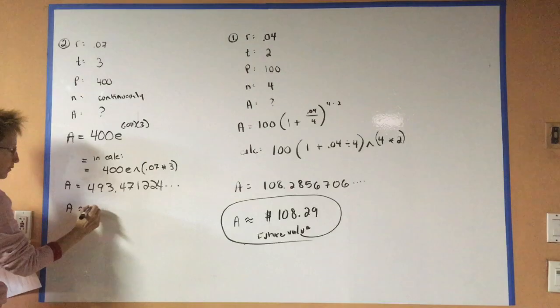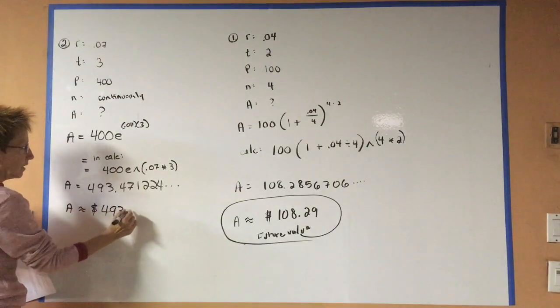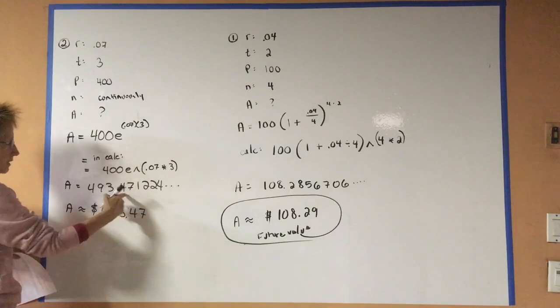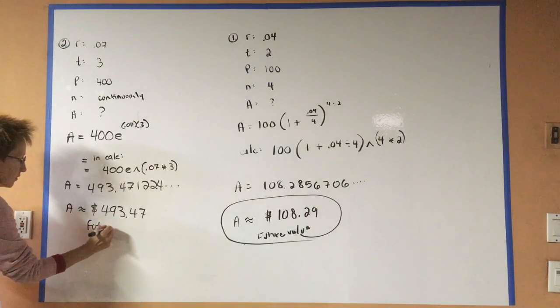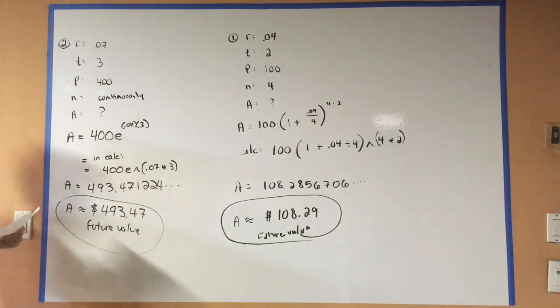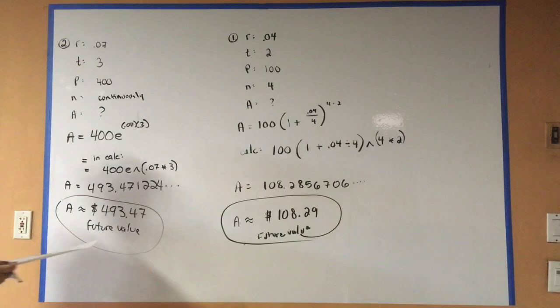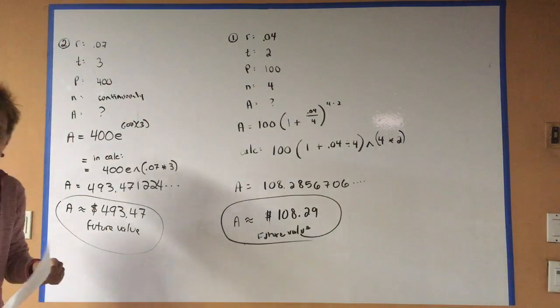So the future value is approximately equal to $493, and if I round it to cents, 47 cents. So that $400 is going to turn into approximately $493.47 after 3 years if he compounds continuously.